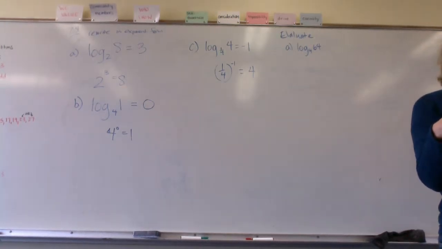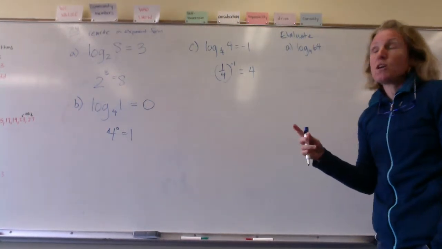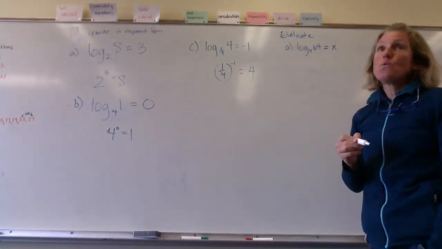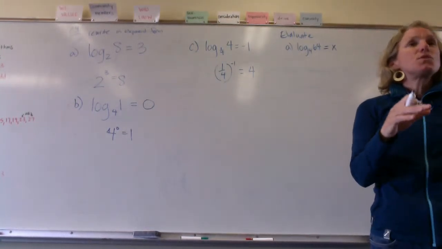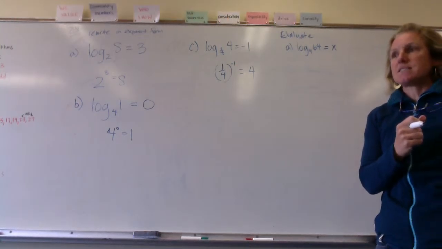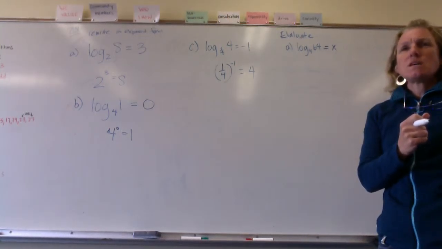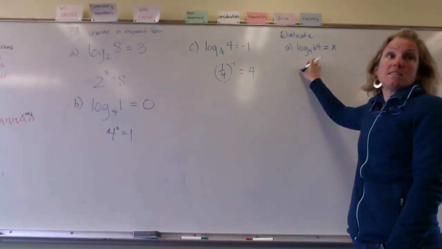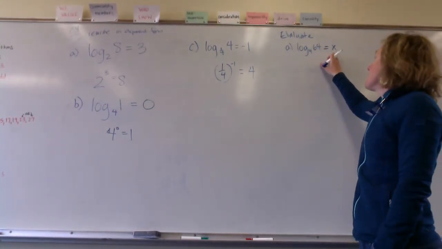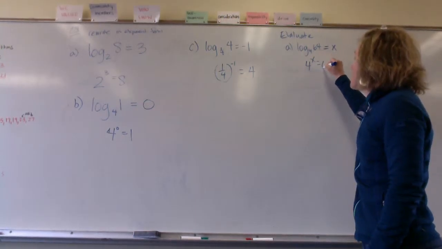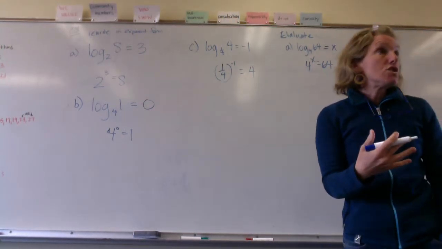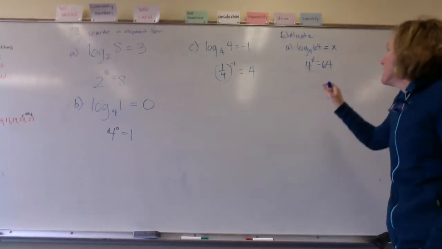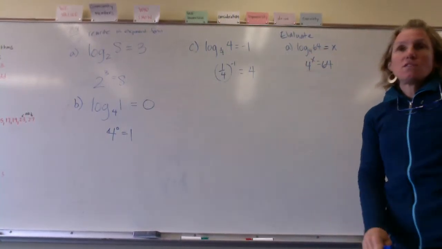It's not an equation, but I like to change it to an equation. They want to know what this is equal to, so I sort of finish it. I put a little equals x. Does that work for you guys? How would you rewrite this then? 4 to the x equals 64. So that's the first step. 4 to the what equals 64.